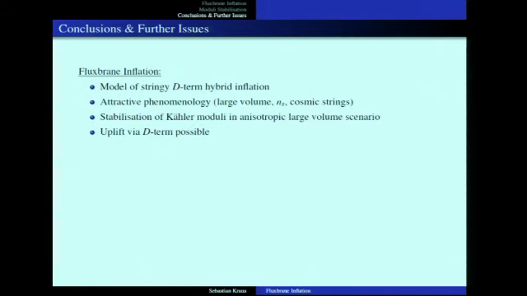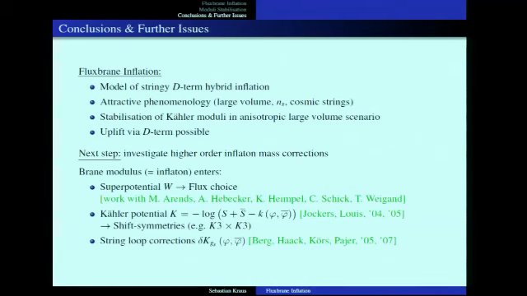We have a toy model, which I described before, in which all Kähler moduli can be stabilized in the context of these large volume scenarios, and furthermore it is possible to have an uplift via a D-term.